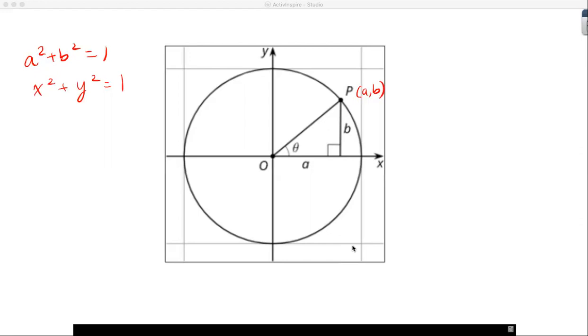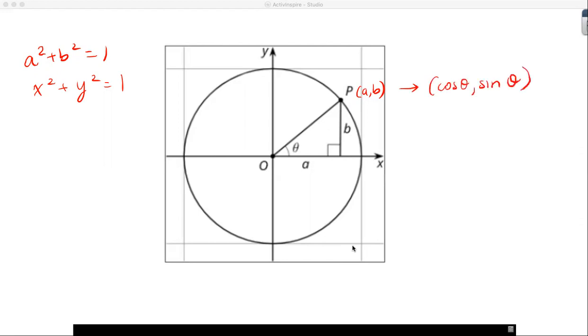We also learned that another way to write the coordinates of P is by using angle theta, which gives us the location of P on the unit circle relative to the point 1 comma 0. So when we think of P this way, its coordinates are cosine theta comma sine theta.